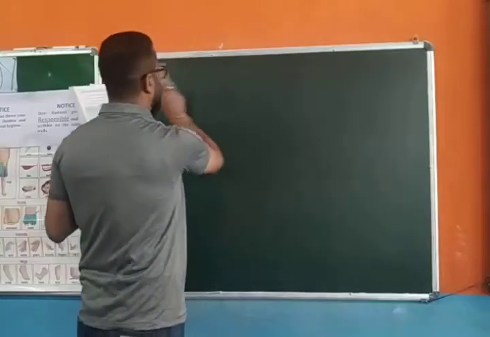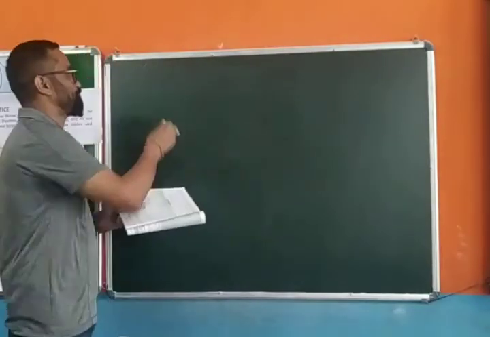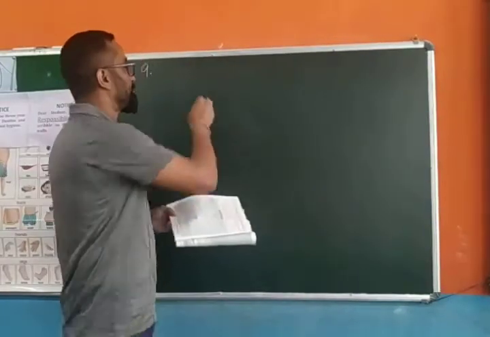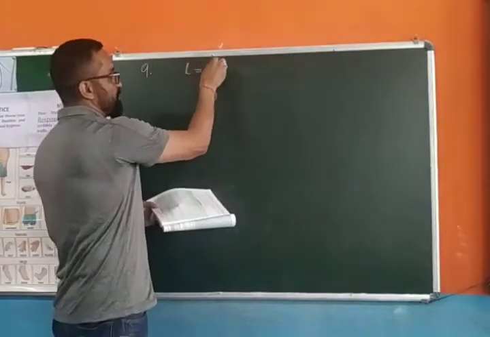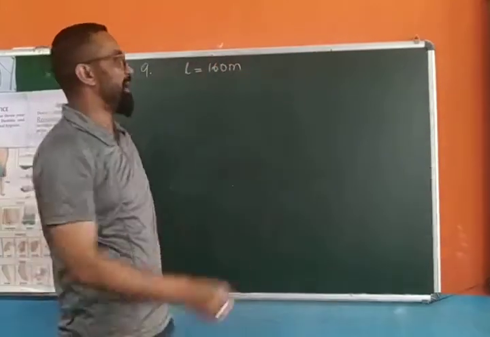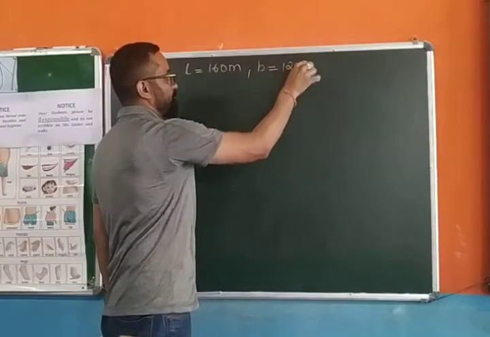Look at the application of perimeter. Question number 9 is an important question. A rectangular field has length 160 meter and breadth 120 meter.